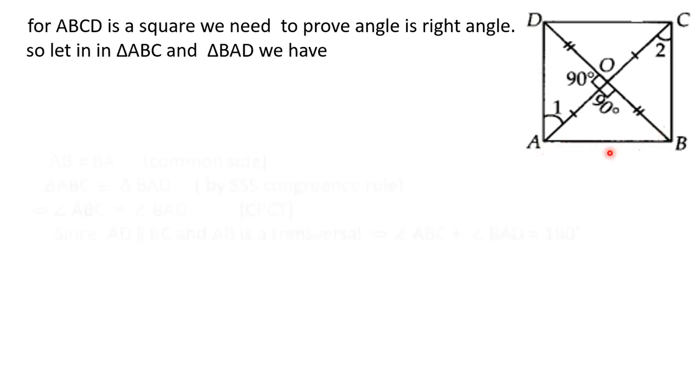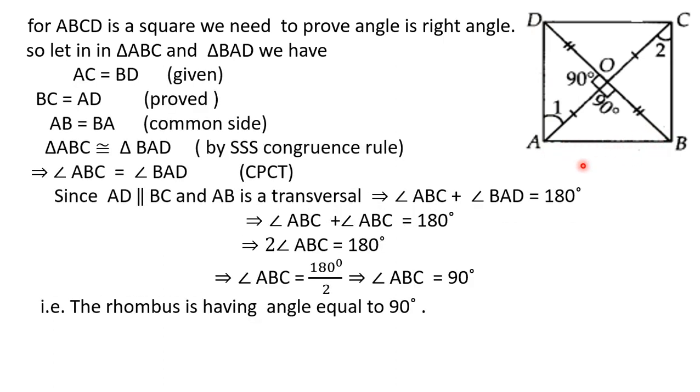So we can say AC and BD are given equal, BC and AD are proved previously to be equal, and AB is the common side for both triangles.